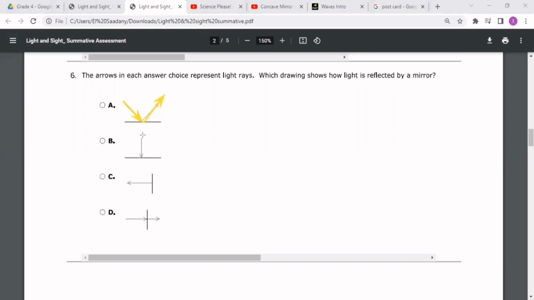Then we have the light falls on the surface and passes through the surface. So which one here shows the light is reflected from the mirror? It's A. A is when the light is reflected from the mirror. Let's move on.